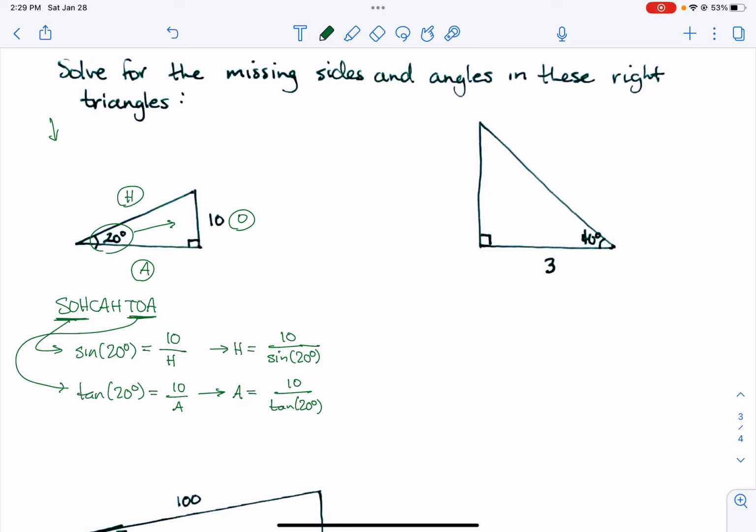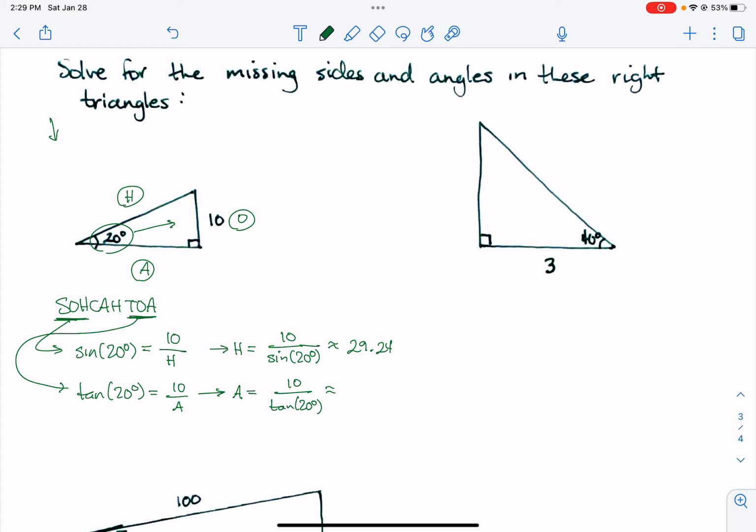So now let's figure these things out, right? Let me check my mode. You got to be in degree mode. Looks like I am. Let me do 10 divided by sine of 20. That gives me an answer of about 29.24.